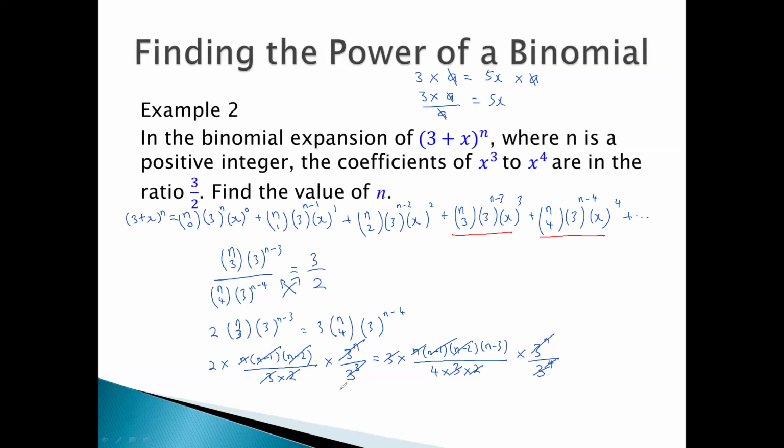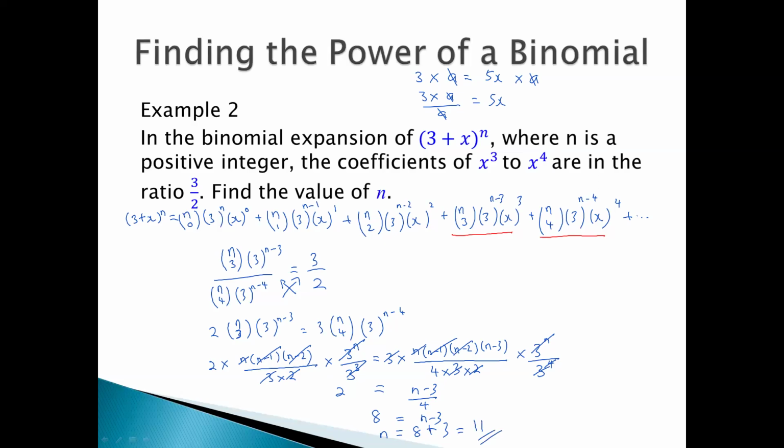So I only have left with a 2 here, and n minus 3 over 4, right? And therefore, n minus 3 equals 4 times 2 is 8. N equals 8 plus 3, which is 11.